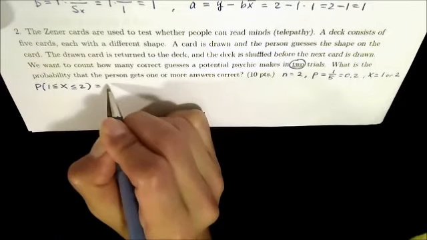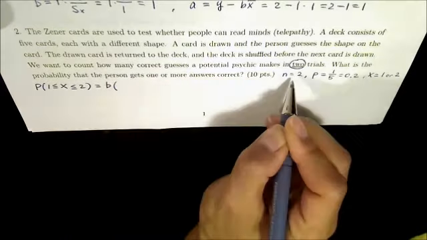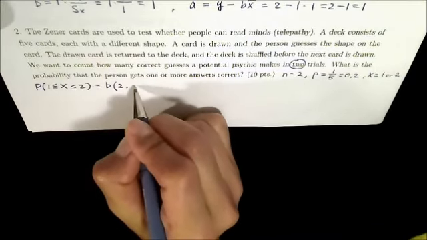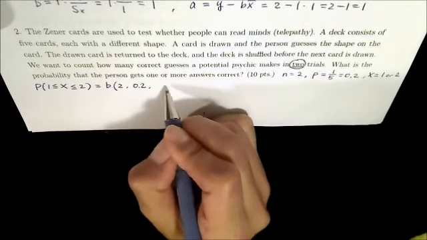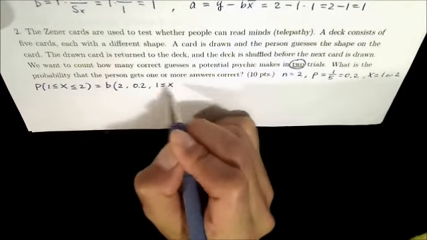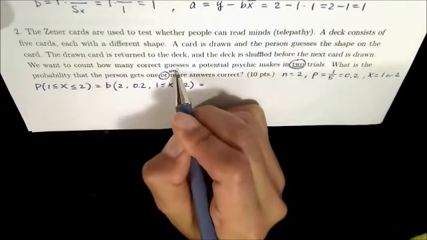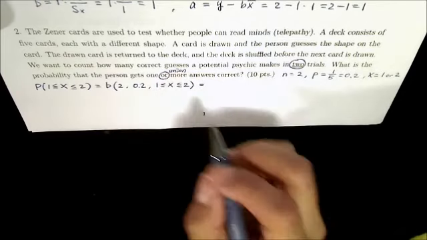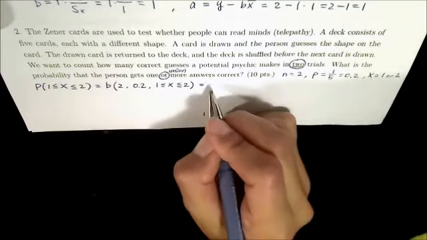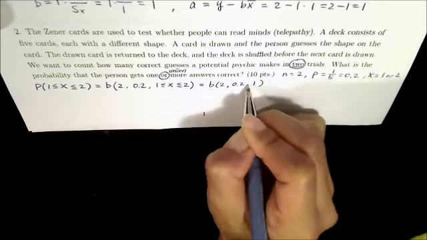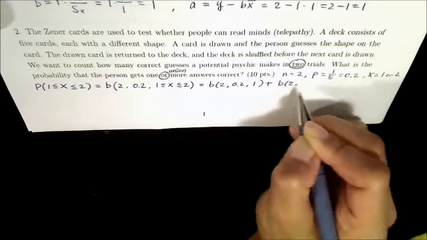Again, you can rewrite it with binomial notation: binomial with n equal to 2 and p, the probability of success, 0.2, and X between 1 and 2 inclusive. Since this is OR, which is a union, you can rewrite this as binomial(2, 0.2) at 1 plus binomial(2, 0.2) at 2.